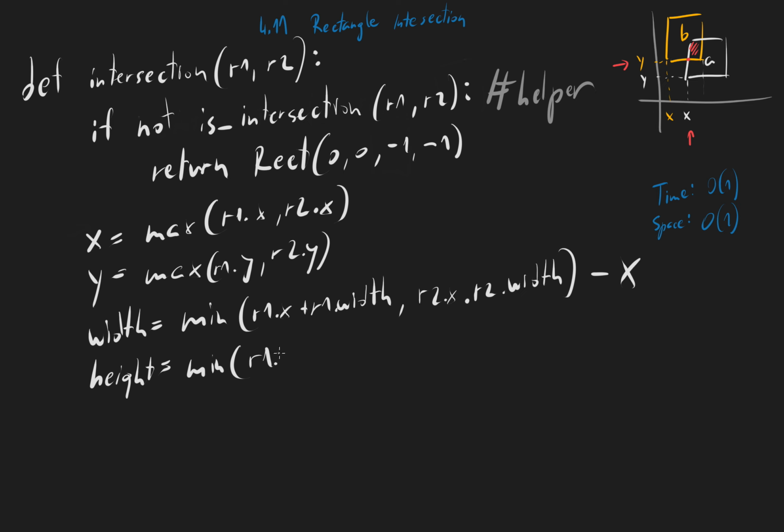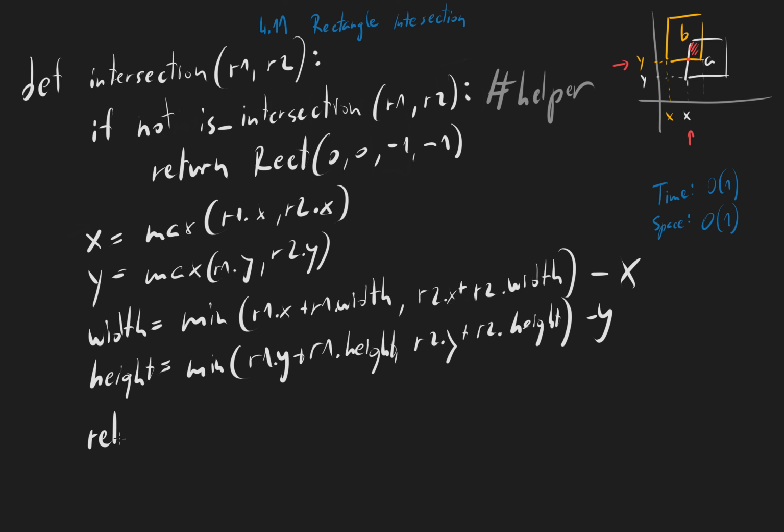So r1y plus r1 height, and the minimum with r2y plus r2 height, that's y. Cool.